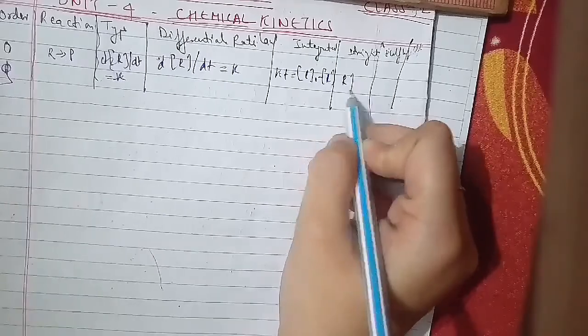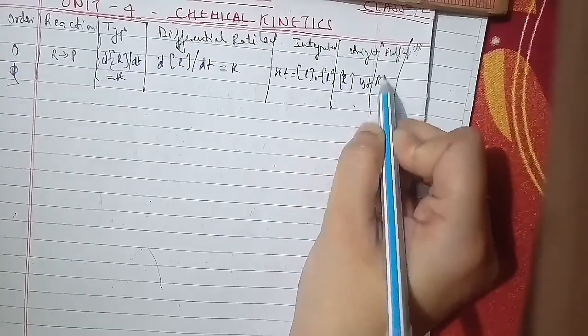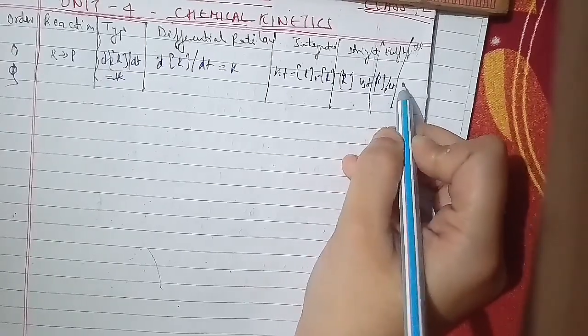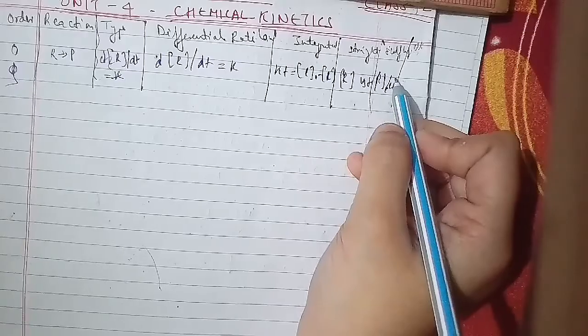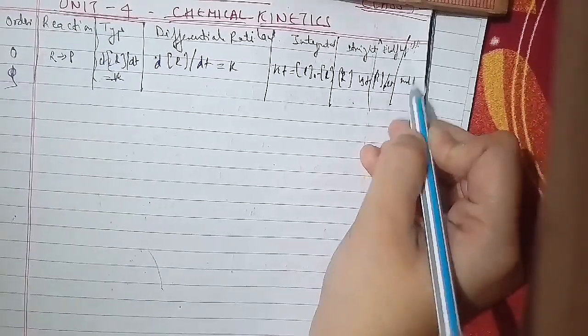The plot is [R] versus t. Half-life is [R]0 by 2K. And the unit of K is mole per liter per second, that is mol L inverse s inverse.